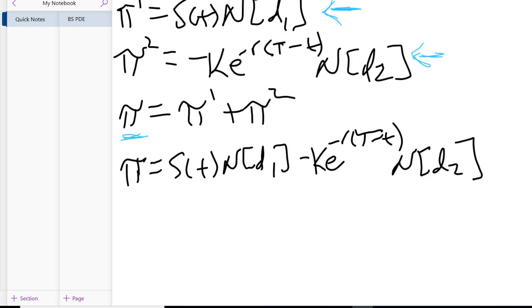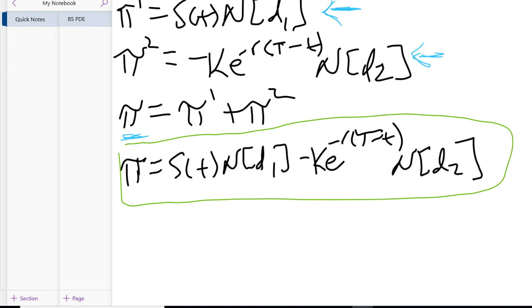And that there is the Black-Scholes option price. It's the solution to the PDE we saw 4 videos ago. And you can obviously check that to confirm, but that is a very, very widely known result.